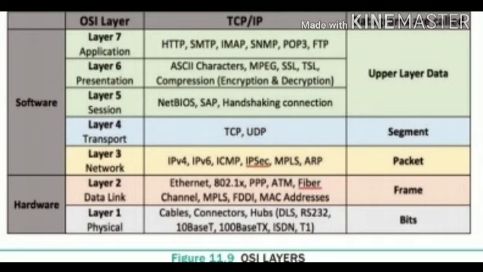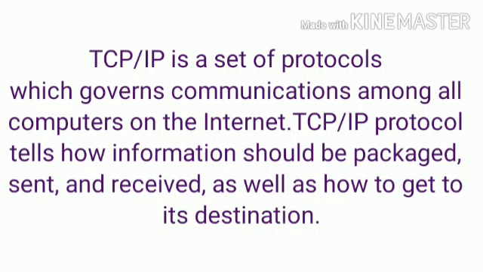Next one is TCP/IP. It is the combination of two protocols. One is TCP, another one is IP. TCP expands to Transmission Control Protocol. IP is the Internet Protocol, which governs the communication among all the computers on the internet. TCP protocol is mainly used for transmission of data.